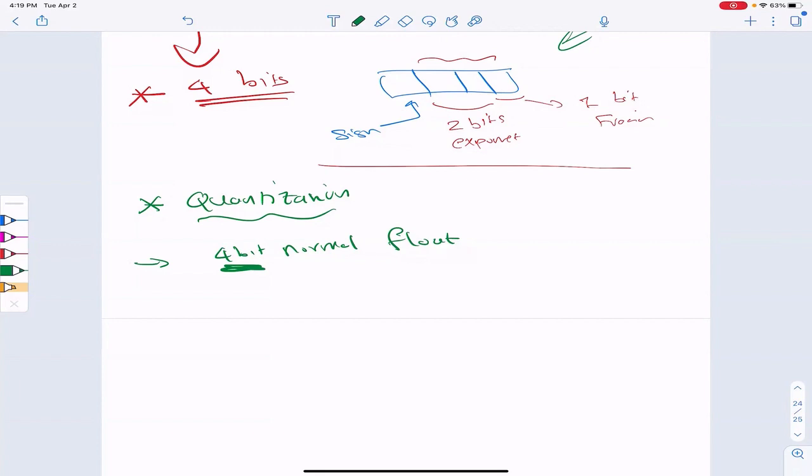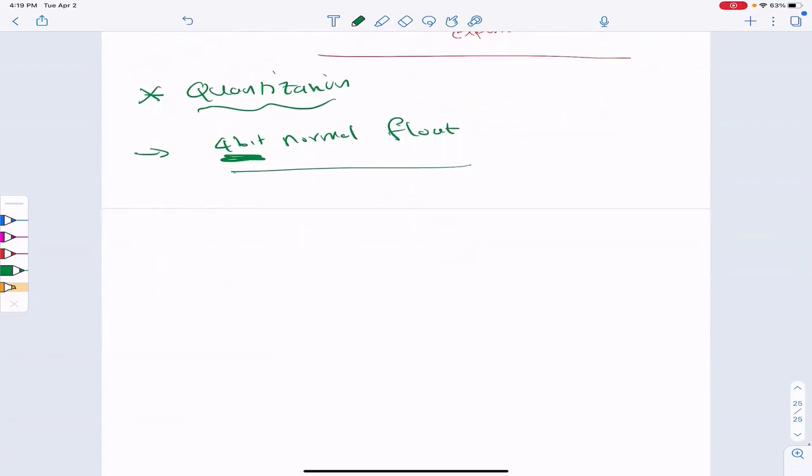In 4-bit normal float, the idea is to look at the distribution of your weights. Let's say you have a pre-trained model. If you look at the distribution of your weights, in many cases, it looks like a normal distribution. This is an assumption.